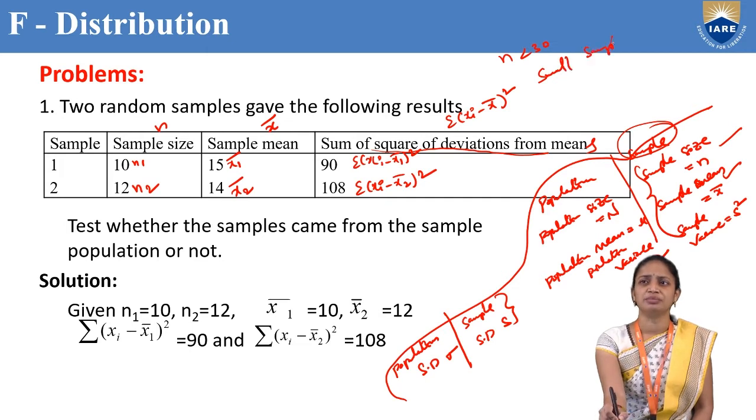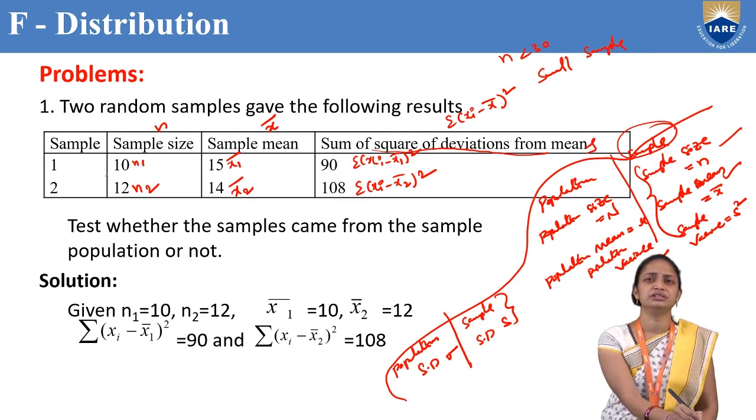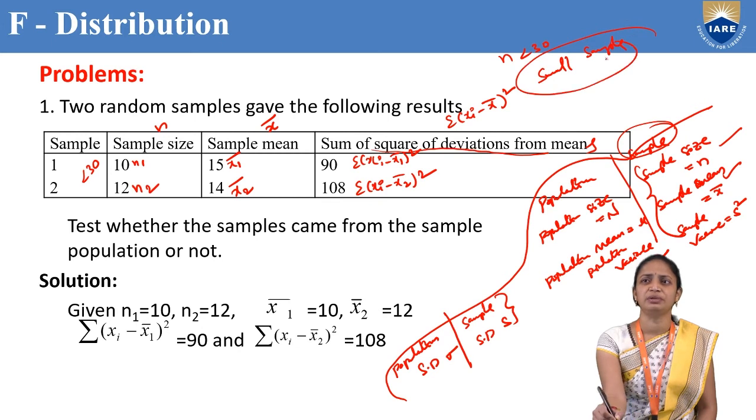Here sample size n1 equal to 10 and sample size n2 equal to 12. Both are less than 30, so this is a small sample test.